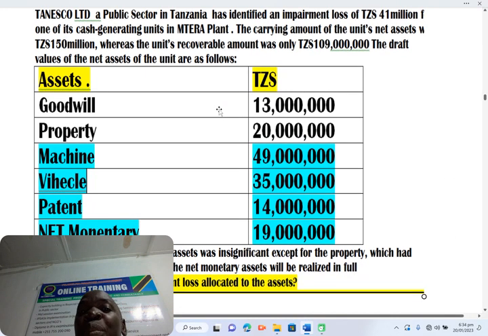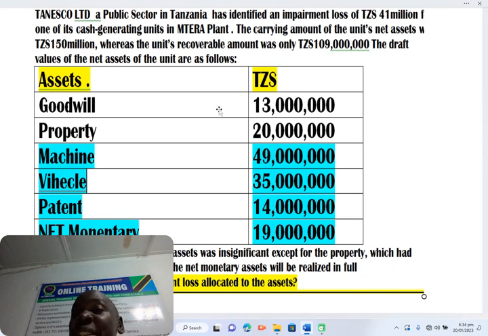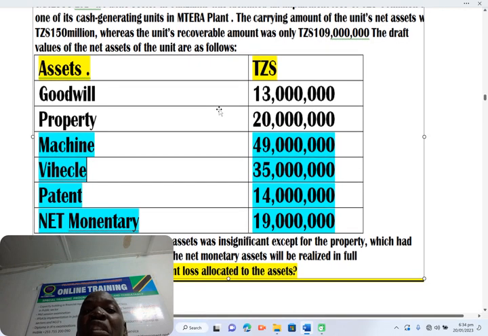So TANESCO is operating a Mtera plant. You see, the carrying amount of the unit is 150 million, whereas the recoverable amount of the unit is 109 million.